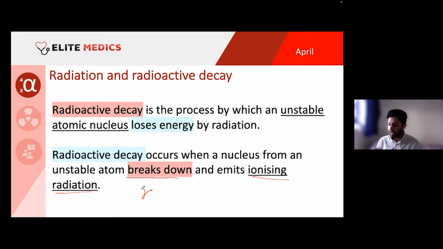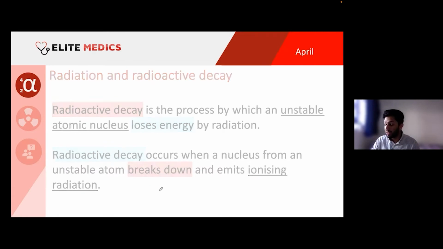It wants to get rid of this energy. So what will happen? Well, it will just emit a gamma wave, and that gamma wave will take the energy away from it and move on. But remember, the nucleus is not breaking down into its constituent parts. What's happening is just that energy is being lost, in the form of a wave.